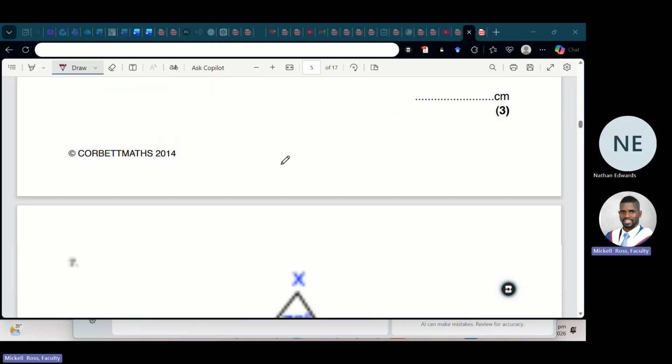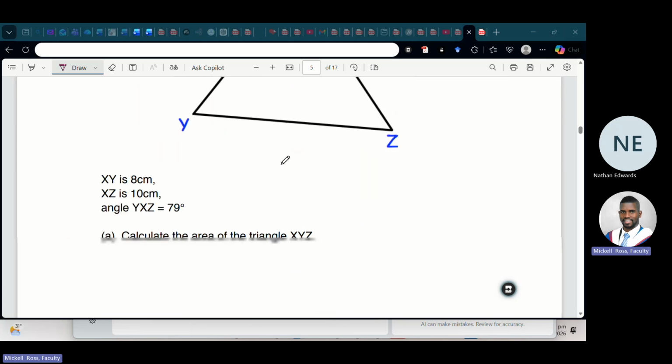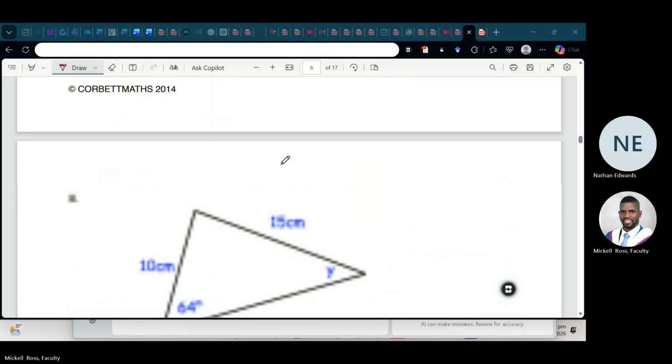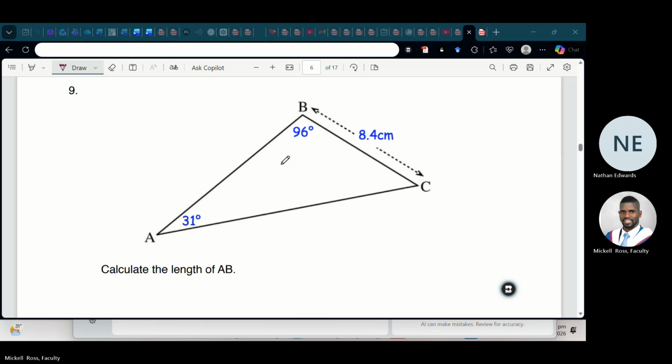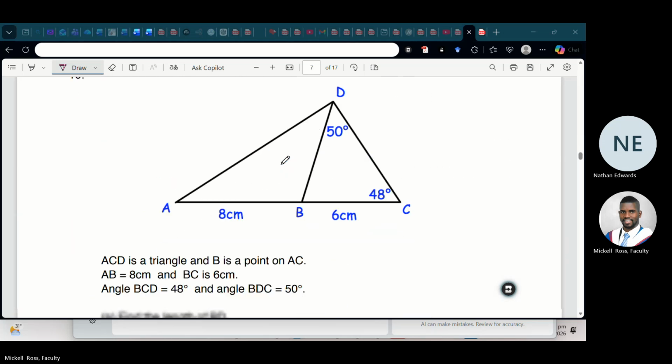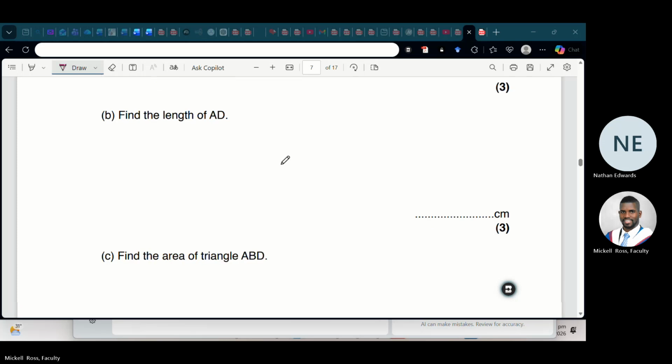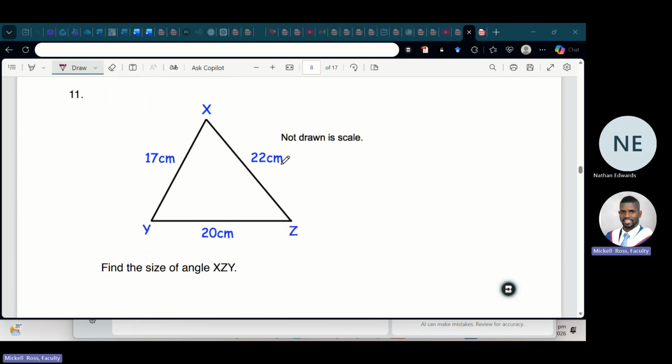Looking for one of them that we have to use the cosine rule to find an angle. Okay, here we go.